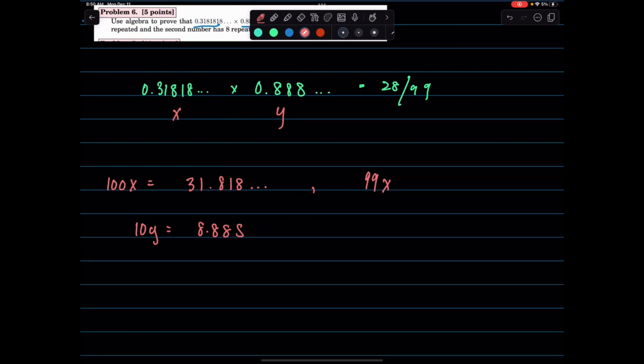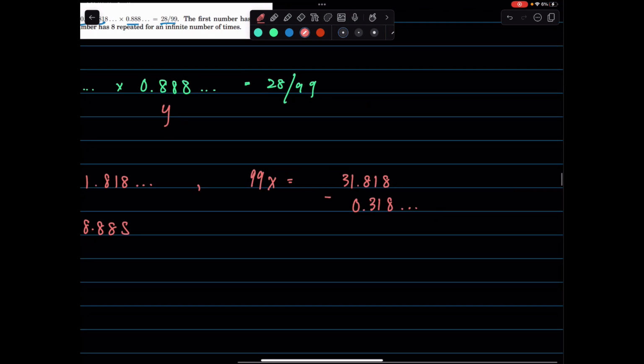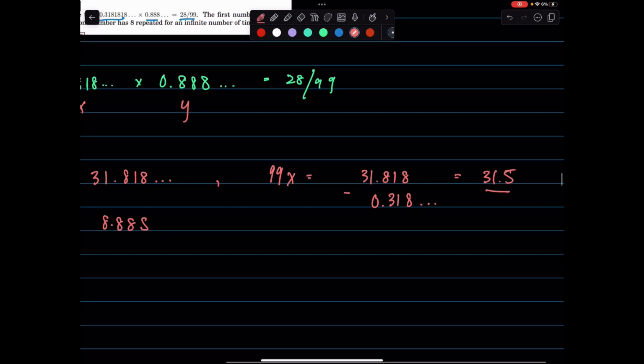So 99x would essentially be 31.818 minus 0.318, which is equal to 31.5. There's no more infinite repetition now. It's just a normal decimal, so that's good.